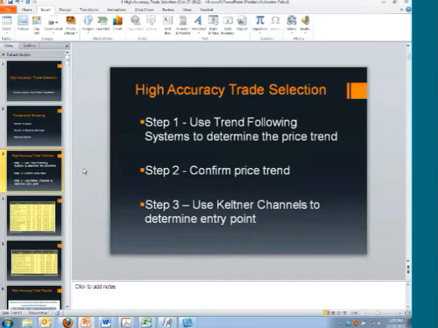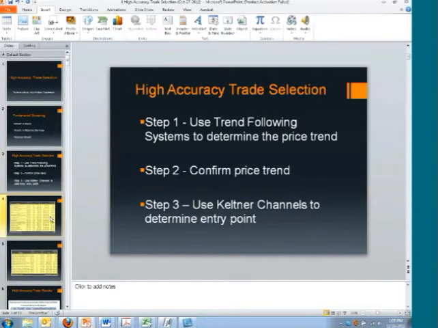First, we want to use trend following systems to determine the price trend. And then step 2 of our trade selection is to confirm the price trend. And step 3 is we want to use the Keltner channels to determine an entry point for our trade, whether it be a stock or an option.